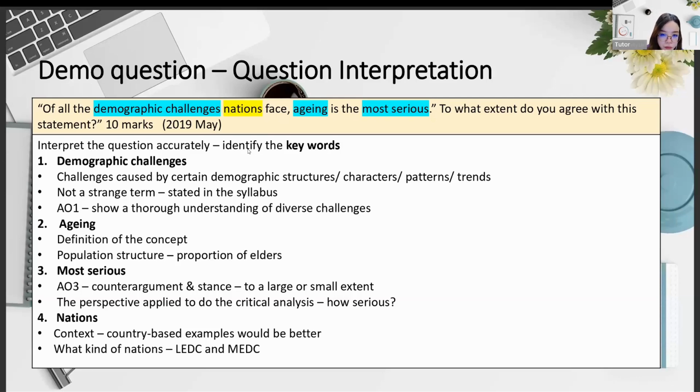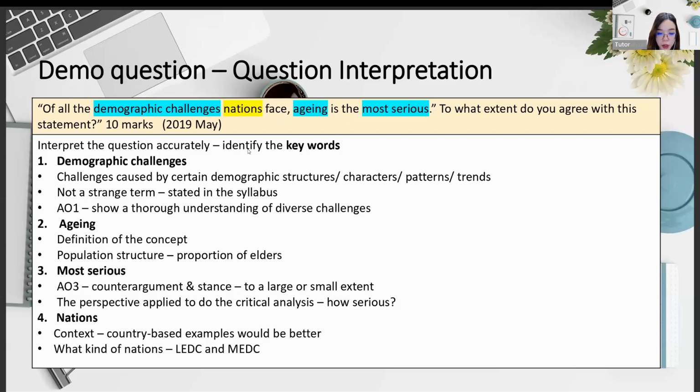And whenever you choose the countries that are applicable, instead of just thinking what notes you have, if we start from note preparation, be more tactful, be more strategic. And if you know geography well, you will know that there are LEDCs and MEDCs.